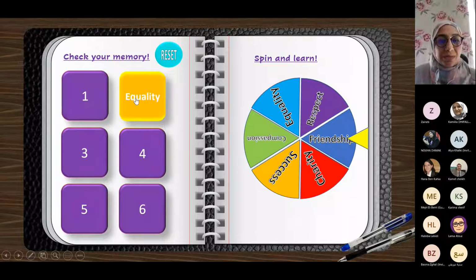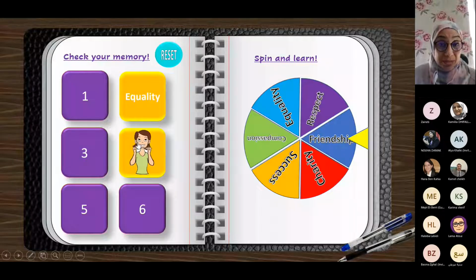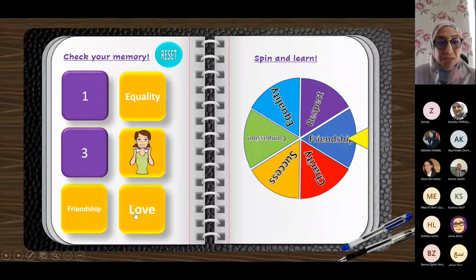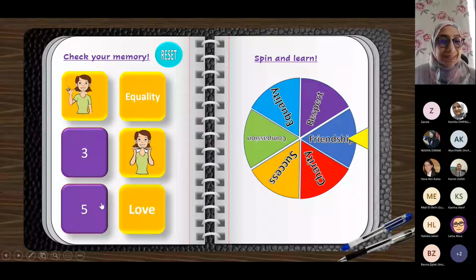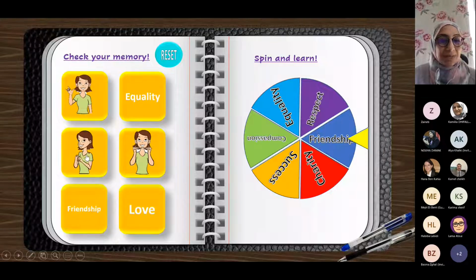For example, this is correct, so I'm going to leave it. This is not. We need one word and one picture. And the last one. If you'd like to play again, you just click on reset.